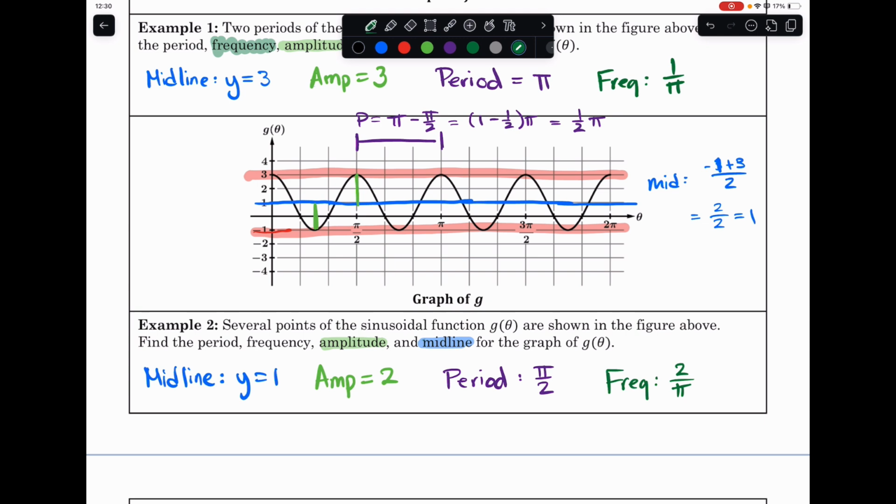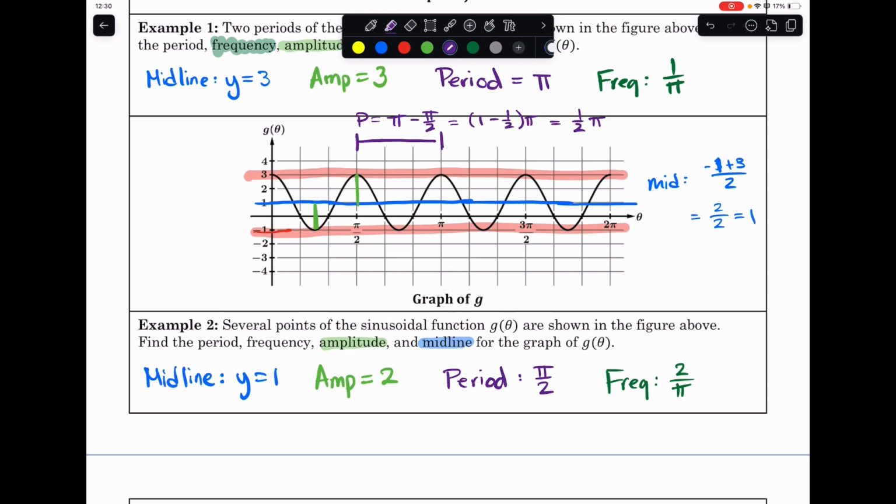So what that means is that we should see 2 cycles from 0 to pi, in the length of pi. So if I go from 0 to pi, I should see 1 cycle and then a second cycle, which is true. Look at this.